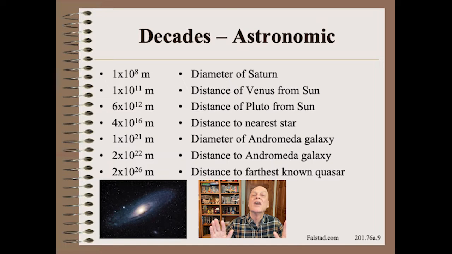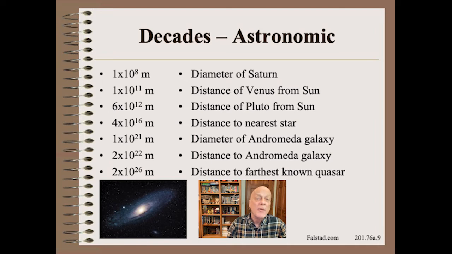Finally, we end our tour at astronomic scales, ranging from planetary diameters to the distance to the farthest known quasar. As of last year, that was a supermassive black hole known as P17218. That's located 13 billion light years away.